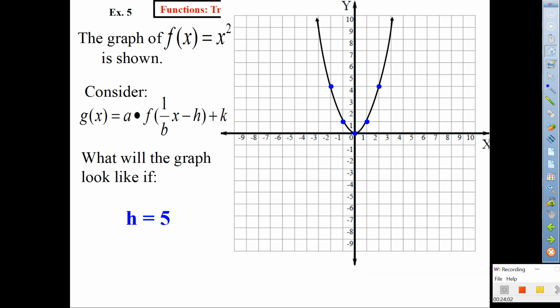Saying here what's going to happen when H is 5. H is 5. Sky, what's going to happen? It's going to go to the right, 5 steps. That is correct. And here, what's going to happen to the graph for that one?